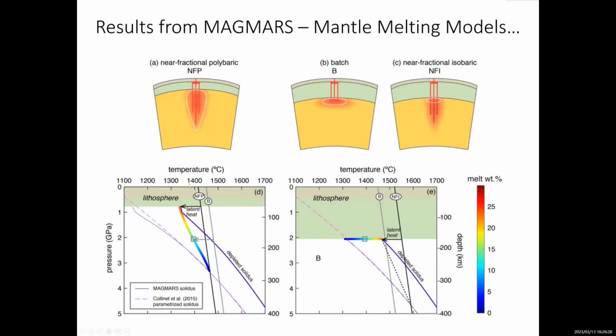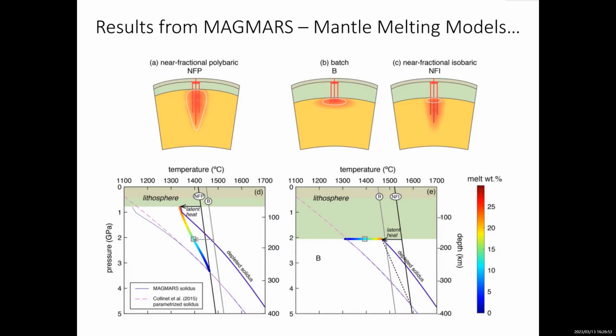So that's situation A. And for situation B, batch melting, it's just a one-time thing. You say, okay, let it melt at, I don't know, 2.2 GPa, and then you are going to generate maybe 15% melt. So that's how it goes.